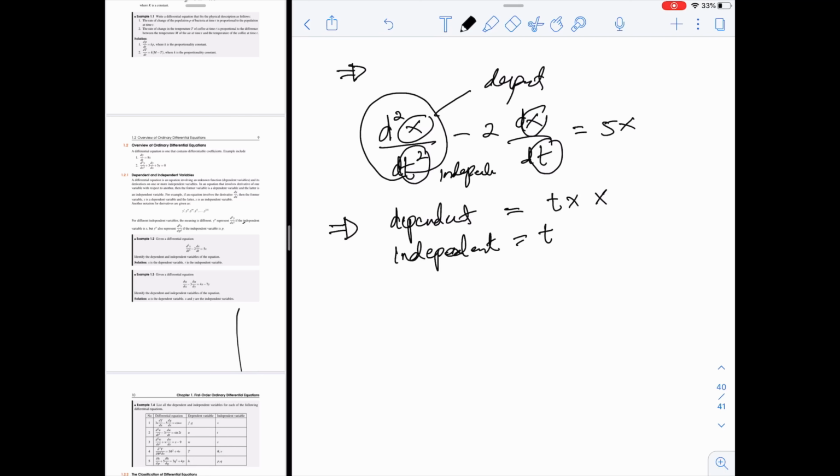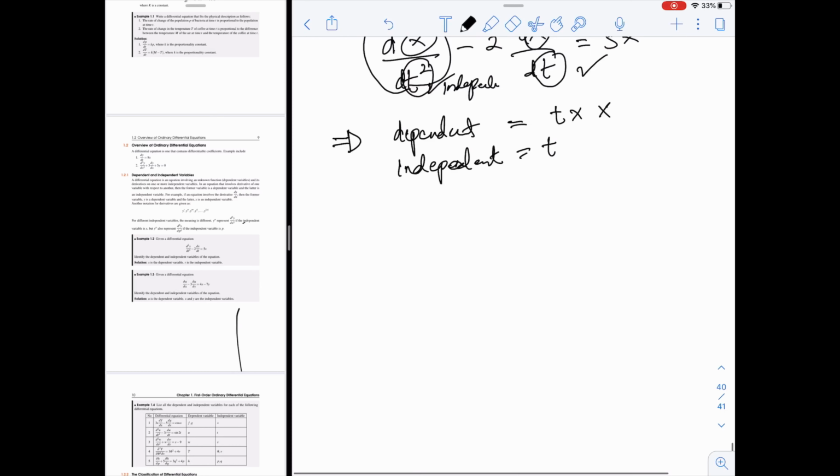The above one we call the dependent variable, and the below one is the independent variable. Here we have only one independent variable, but maybe you will face two variables, three variables, and so on.